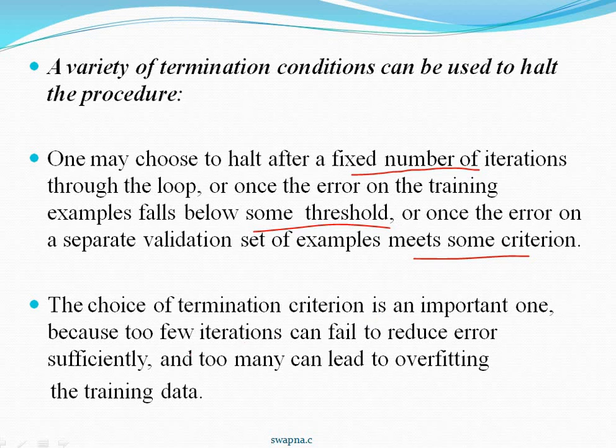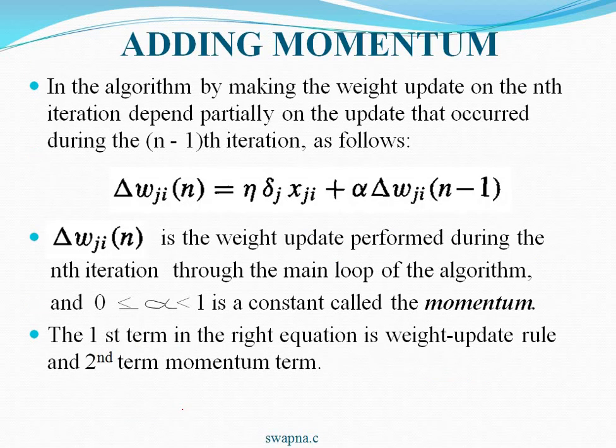Because if you take only a few iterations in the fixed number, keeping some small fixed number, then it may lead to overfitting of the training data.